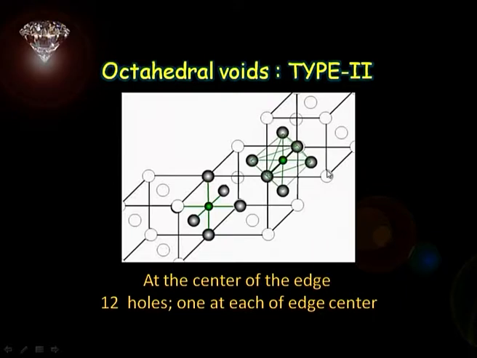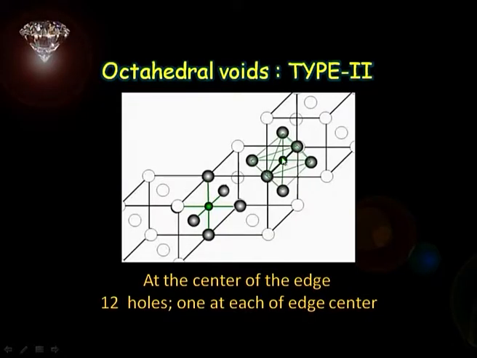So, these 3 atoms here and these 3 atoms here generate what is called an octahedral void, because we are talking about a 3-dimensional lattice. If I look at one of the unit cells, this unit cell has a similar kind of unit cell all around. If I look closely, we find that this place here, that means the center of the edge, actually is the location of an octahedral void.